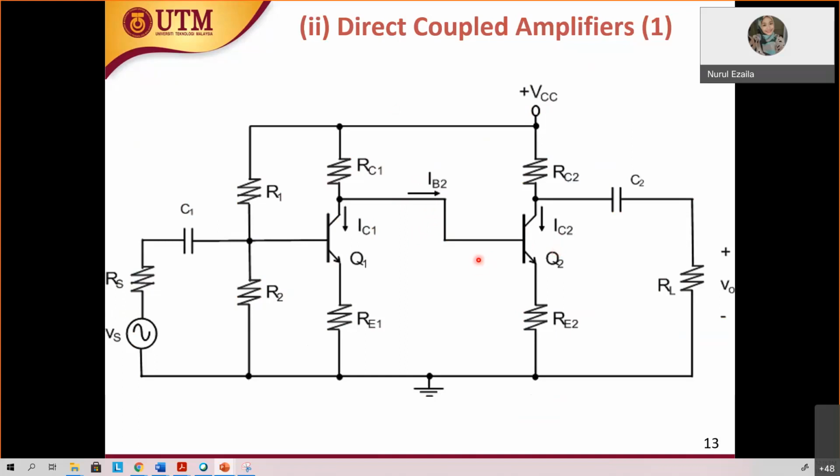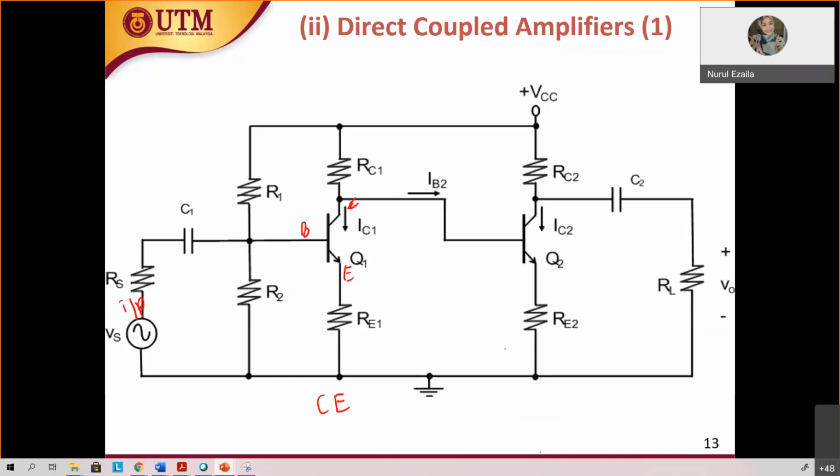Now tell me, the first stage is what common? Common emitter. Think first before you say it. So common emitter, this is the input. And the output of stage 1, from the base, collector, and emitter, must be connected to the input of stage 2.